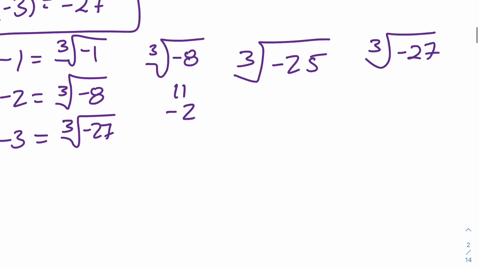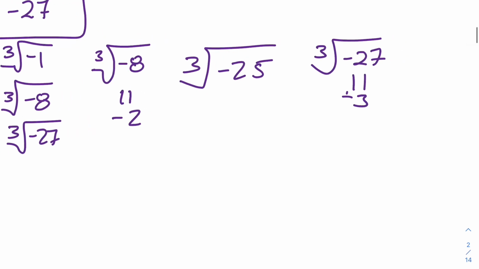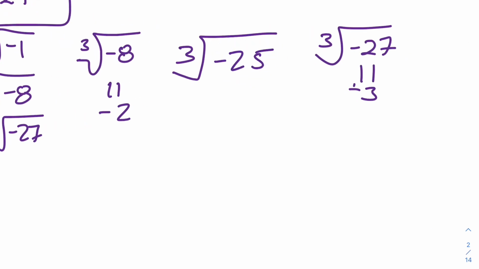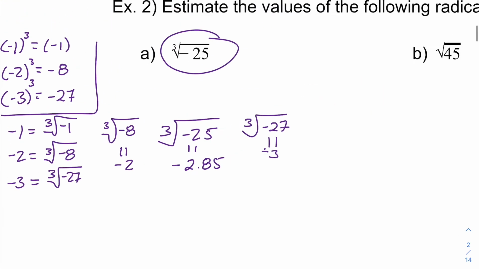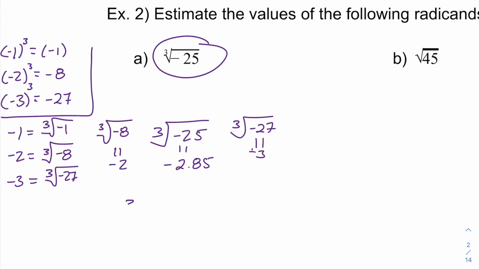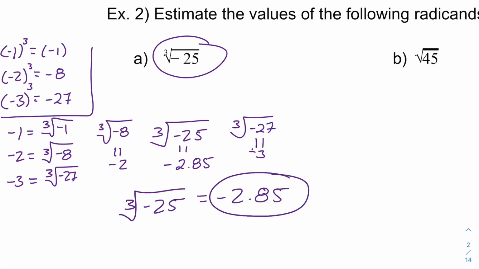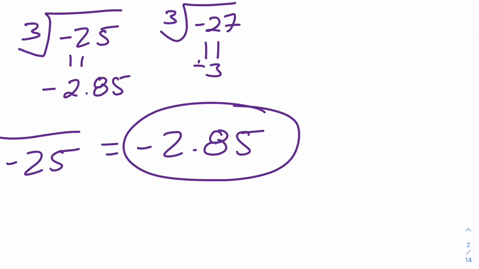Cube root of -27 equals -3. Now, -25 is much closer to -27 than it is to -8. So I'm going to estimate this to be roughly -2.85, okay? So I'm going to estimate this to equal negative 2.85. And again, I usually give or take 1 decimal place.